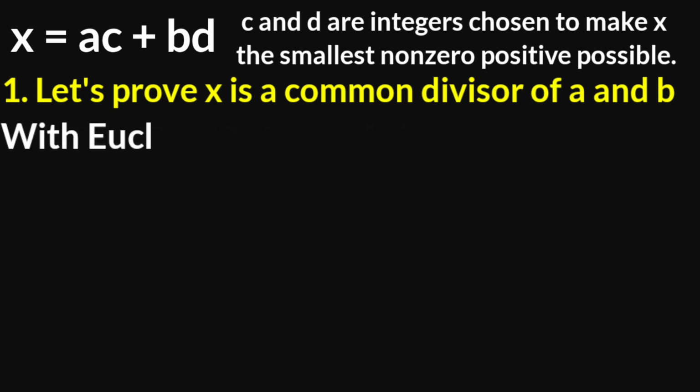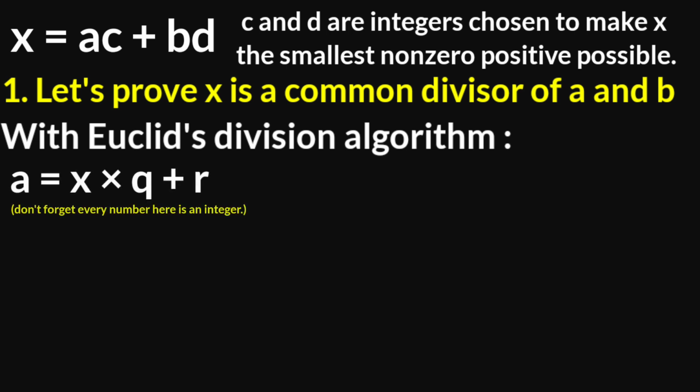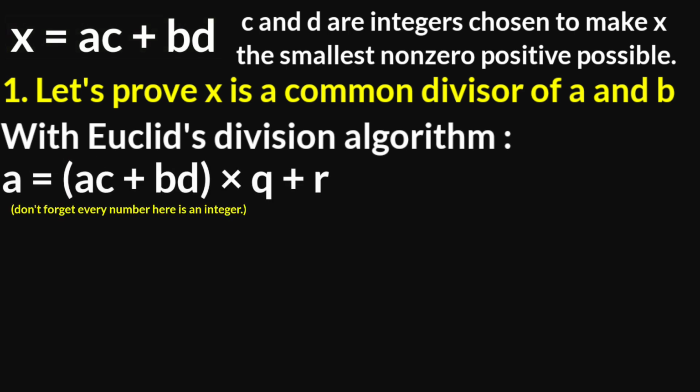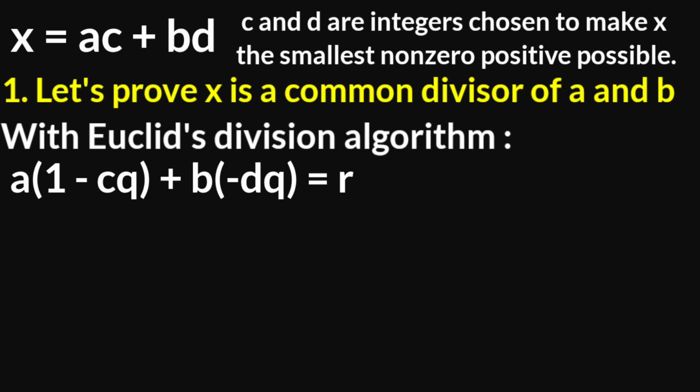So thanks to the Euclid algorithm, I know that a can be written as x times q plus r. We replace x, we expand. We move the terms so that r remains on one side and the other terms with a. We factorize the a. I've written the remainder r as the form a times an integer plus b times an integer, but I know that x is the smallest of that form.